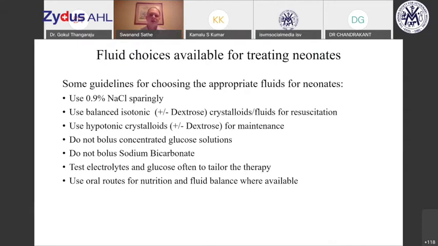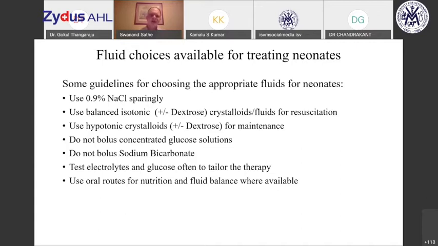However, foals cannot handle the sodium and chloride loads as efficiently as adults do, so use 0.9% sodium chloride only in specific conditions. For example, when foals have ruptured bladders and when they have high potassium content, those are the conditions where you would use 0.9% sodium chloride as a therapeutic fluid.